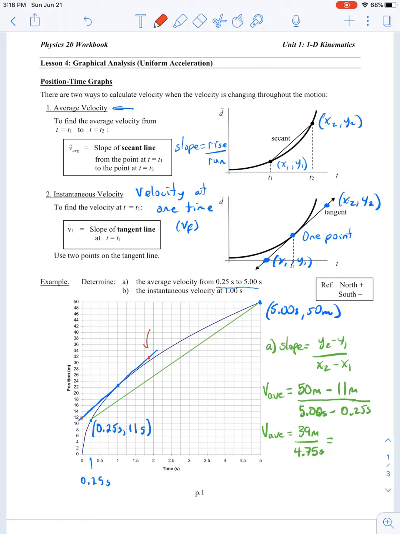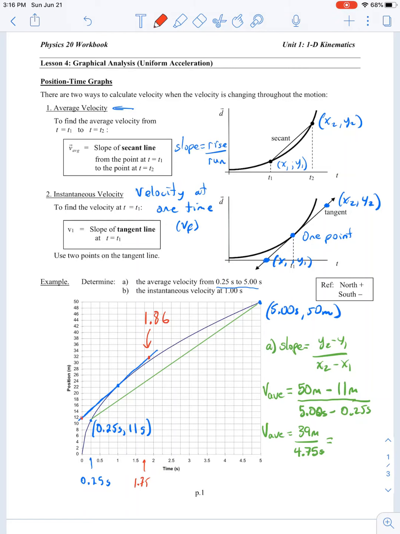So this point right here, it looks like this is 1.75. That's 2. So I'm going to approximate then somewhere between 1.75 and 2. It almost looks like it's halfway. And so I'm going to guess then that it is approximately 1.86, give or take.